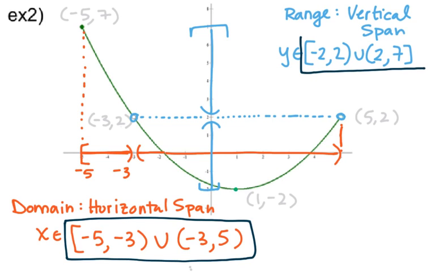So closed, -2 to 2, open, union, open, 2 to 7, closed. And it is just a coincidence that both the domain and range for example 1 and example 2 looked so similar because they don't always behave that way. So just keep that in mind, always thinking about whether or not your x and y values are defined.